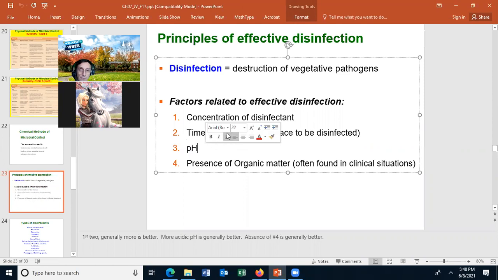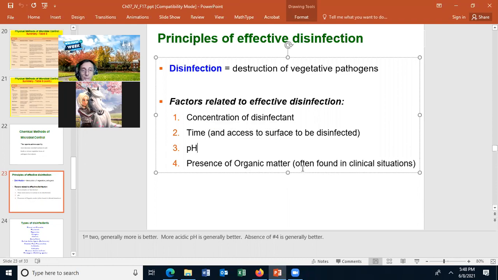A neutral pH doesn't kill many cells. The presence of organic matter can inactivate the disinfectant. So generally you want the absence of organic matter. The trouble is, in clinical situations, you almost always have organic matter around. Any question about any of that?